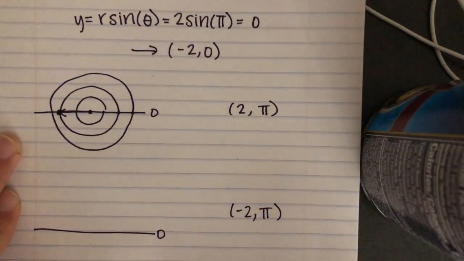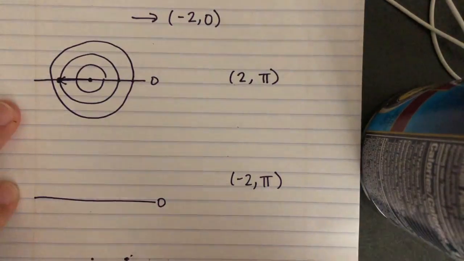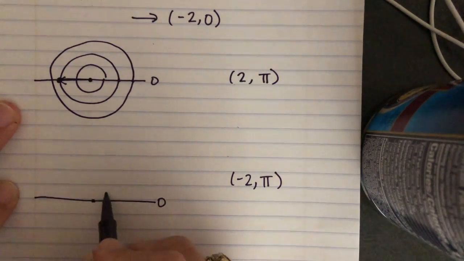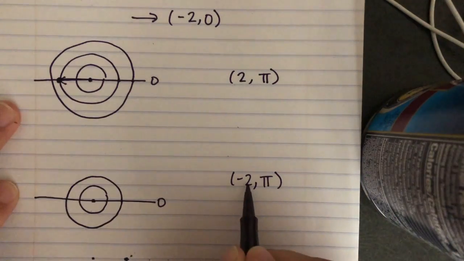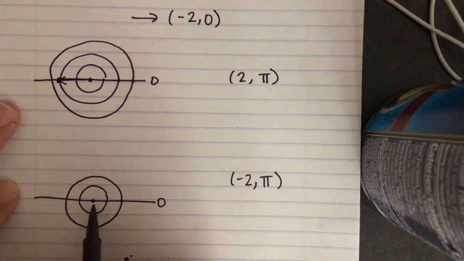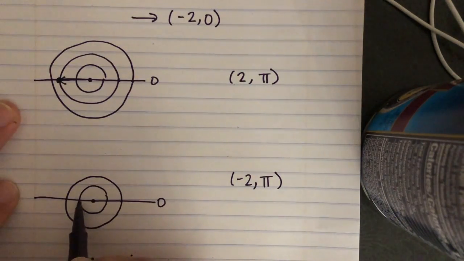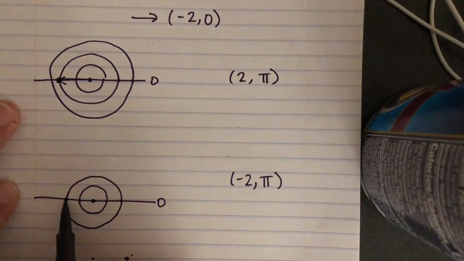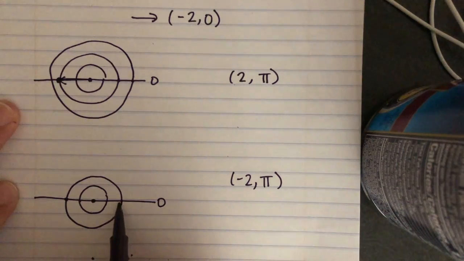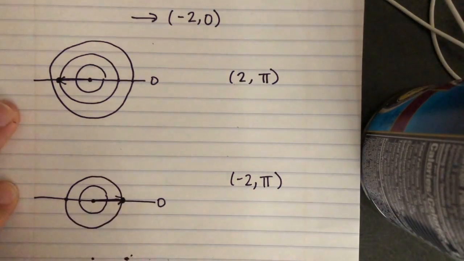Similarly, if I start at the origin, and I'm just going to draw 2 circles this time, but now my magnitude is -2, so I go left 1, 2, and then I travel pi radians counterclockwise, so this way, and so my point would be right here.